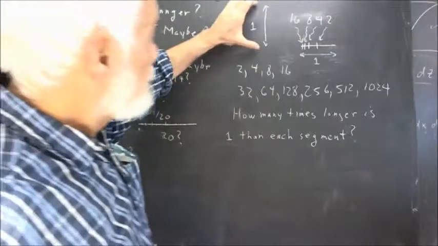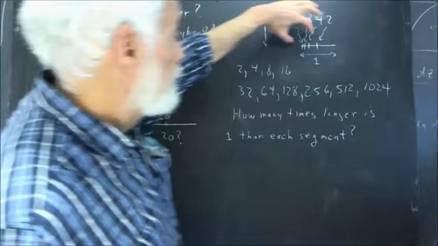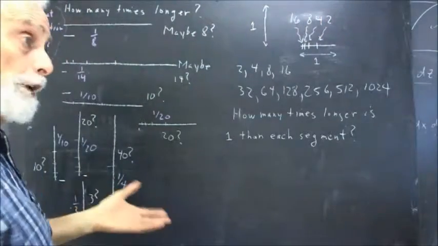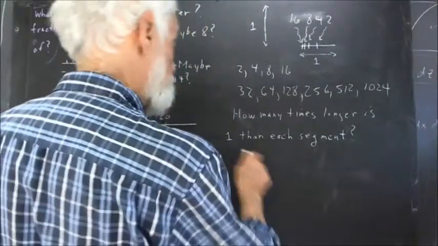Next question, how many times longer is this 1 up here than each of these successive segments? You should think about that, see if you agree with what I'm about to say.